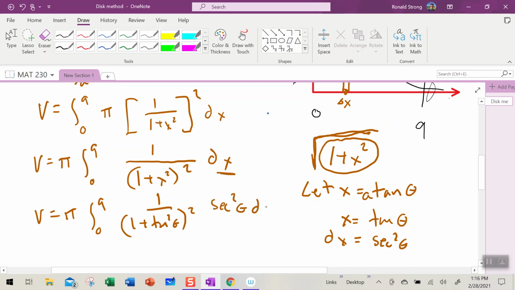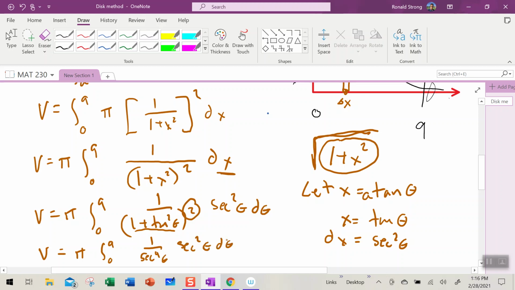In the denominator, 1 plus tangent squared is secant squared, and secant squared being squared is secant to the fourth. So volume is equal to pi times the integral from 0 to 9 of 1 over secant to the fourth theta times secant squared theta d theta.